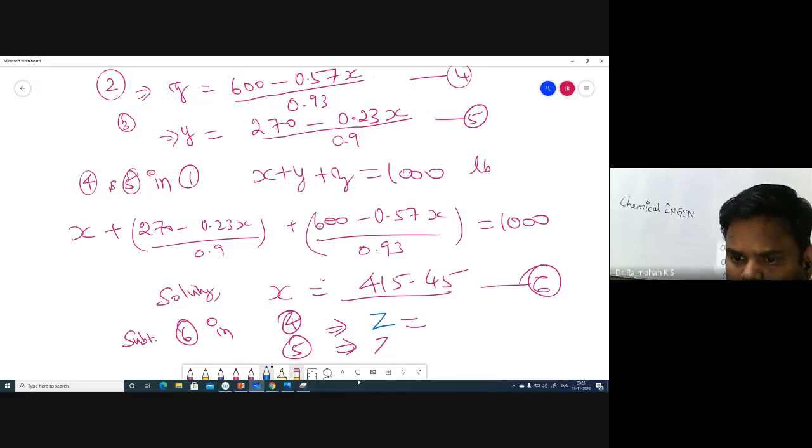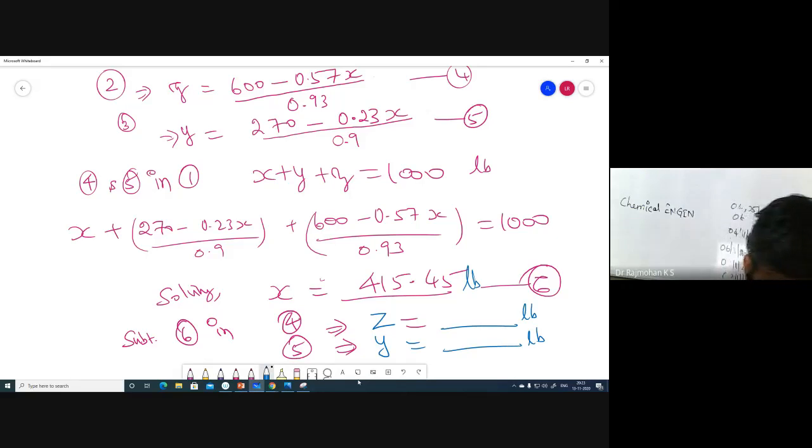Okay, and substituting 6 in 5 gives us the y value. So these are our pounds, because we have assumed 1000 pounds as the final value, right? So you will get the y value.